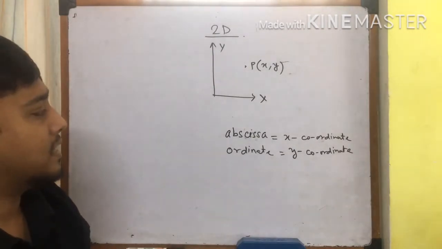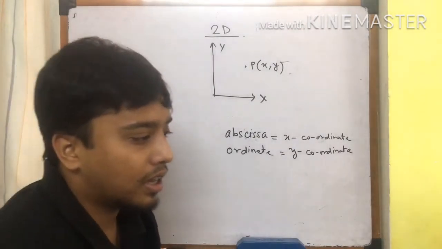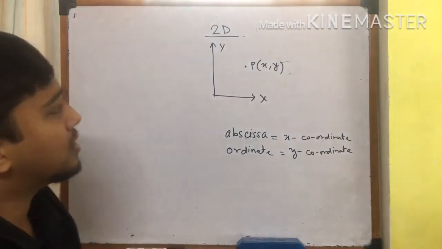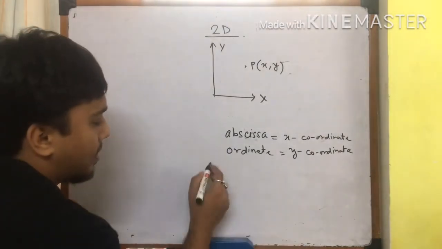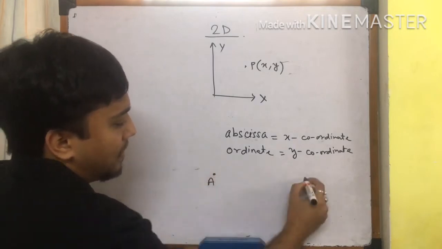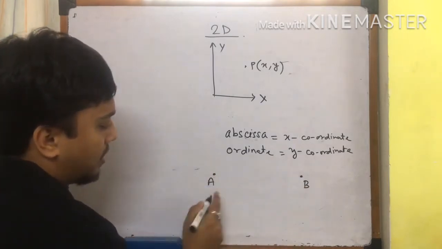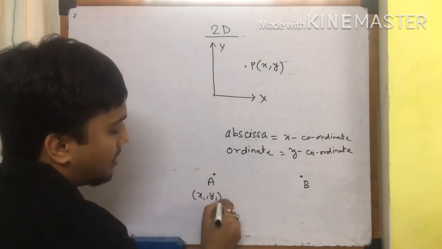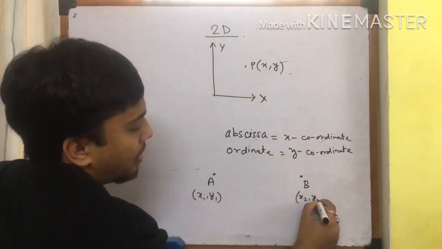And we will have to know the distance formula. Let us consider two points A and B with coordinates (x1, y1) and (x2, y2).